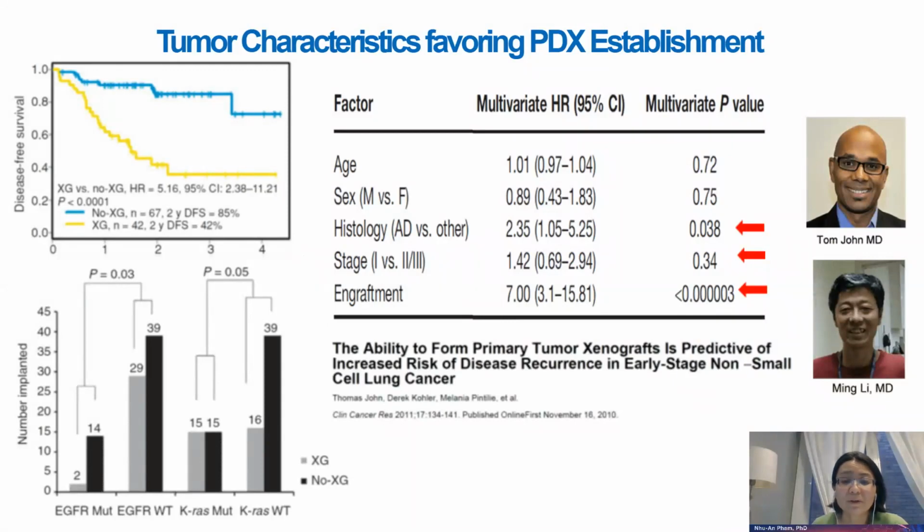On a closer look, for the cohorts where we have representation of the different genotypes, we can see the EGFR cohort are very poor engrafters, and that is reflected also in the fact that patients do better in terms of outcome. Compared to that, for the KRAS mutant tumors, you see at the lower left panel here that engraftment is fairly high for KRAS mutants compared to KRAS wild type tumors.